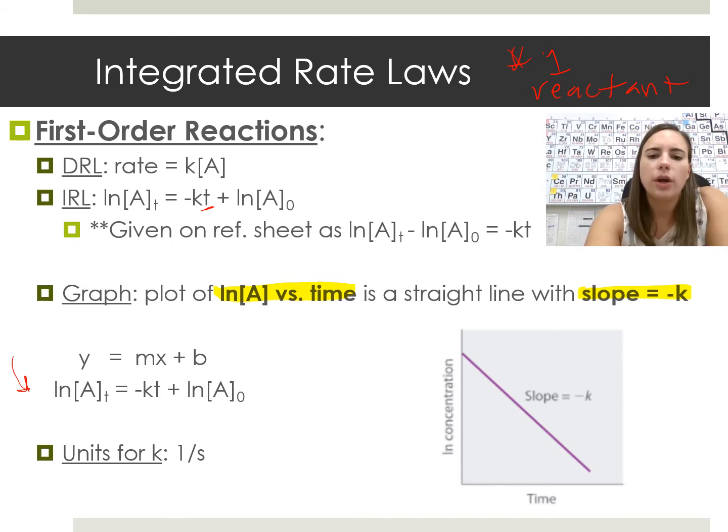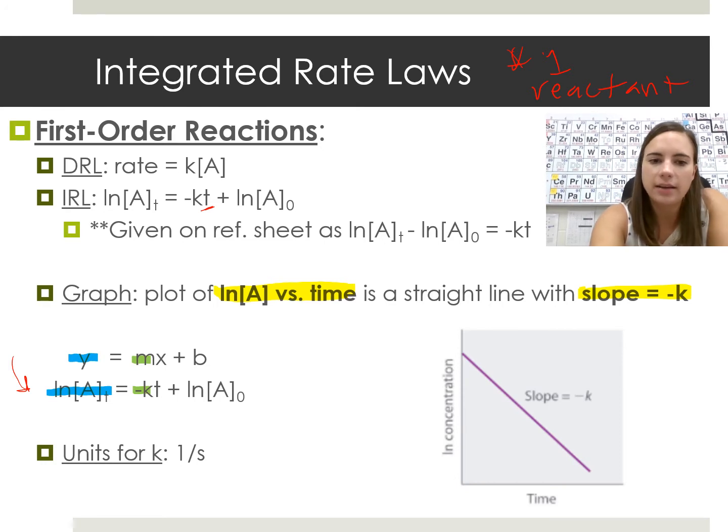We all know that the equation of a line is y equals mx plus b. If we relate this to our integrated rate law for first order, graphing the natural log of the concentration of A after time is my y. My slope, as we mentioned a second ago, is negative k.